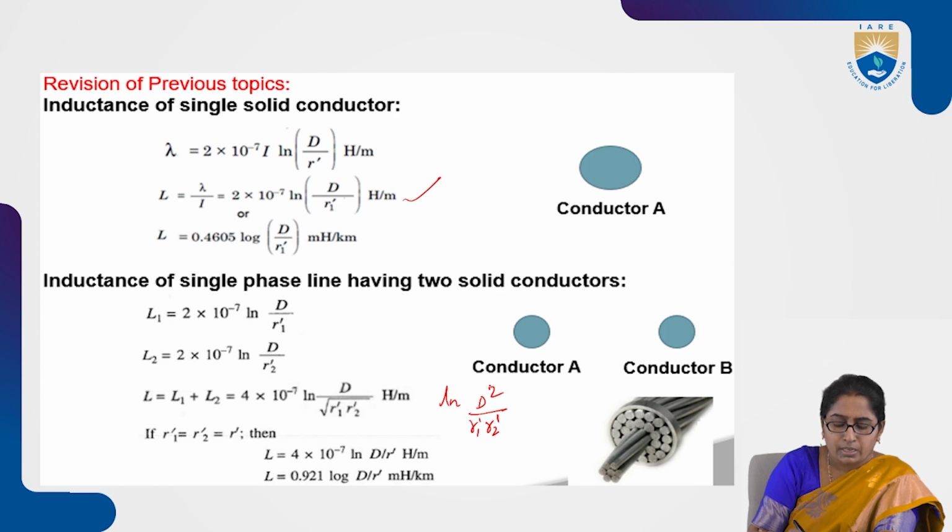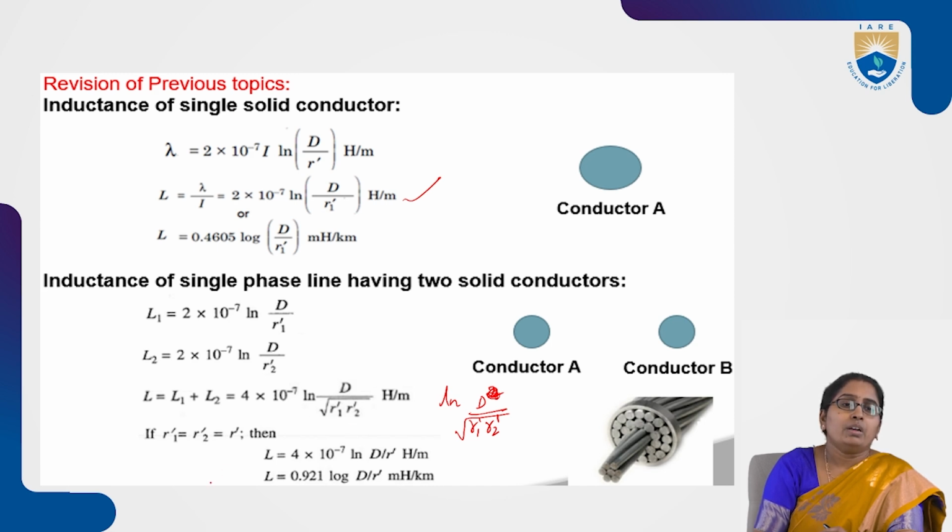If we take the square root in numerator and denominator, the 2 goes off, and in the denominator we get the root. This is the total inductance L expression.